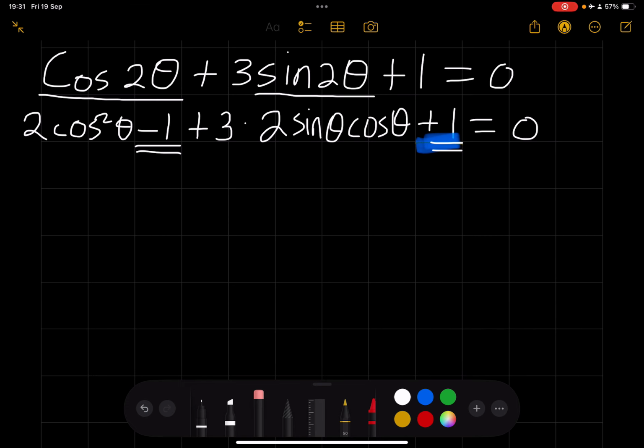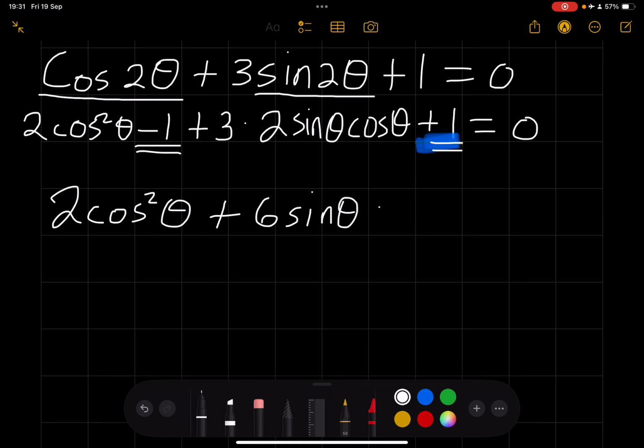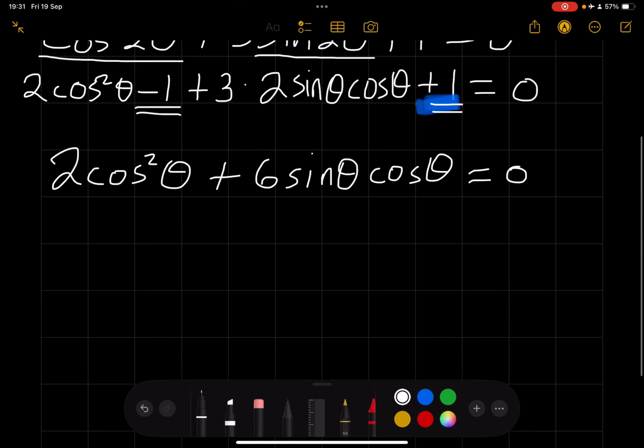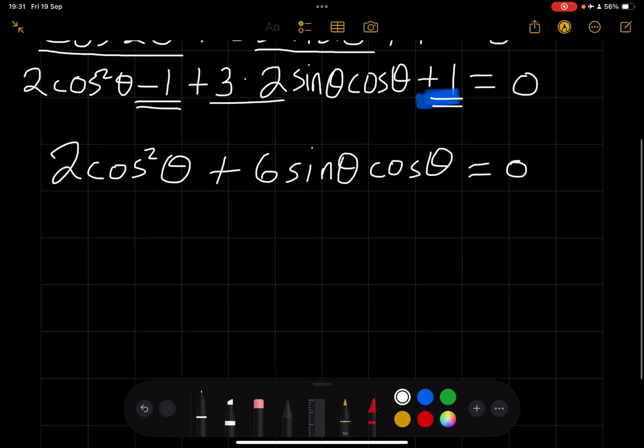And then those ones have cancelled, so now we are left with 2 cos squared theta plus 6 sin theta cos theta equals to 0. 3 times 2 is 6. And now, ladies and gents, after changing the identities and adding like terms, we are always going to factorize.